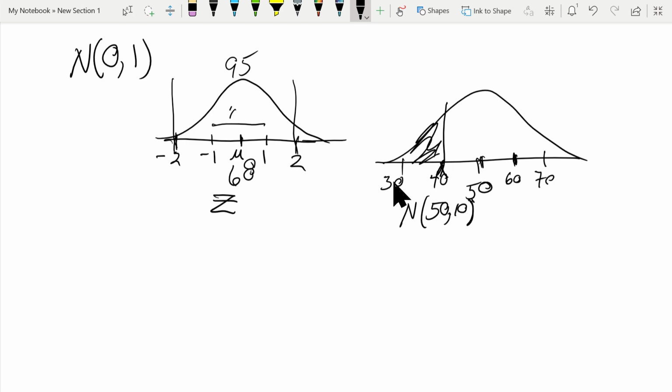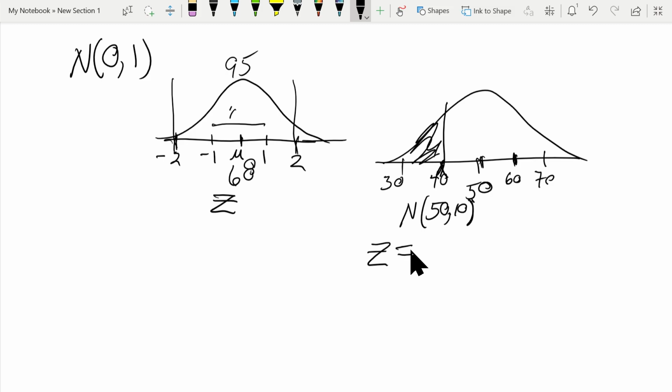This and this are the same thing. Here I specify how many standard deviations, 1, 2, minus 1, minus 2. Here I actually use the value. And if I take the 40, I want the z-score. This is x on the scale.